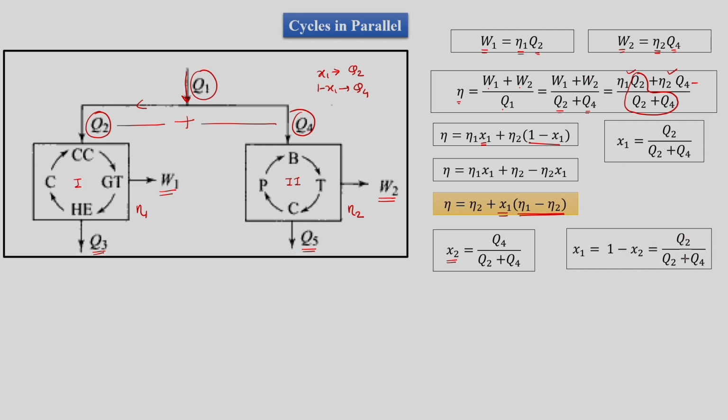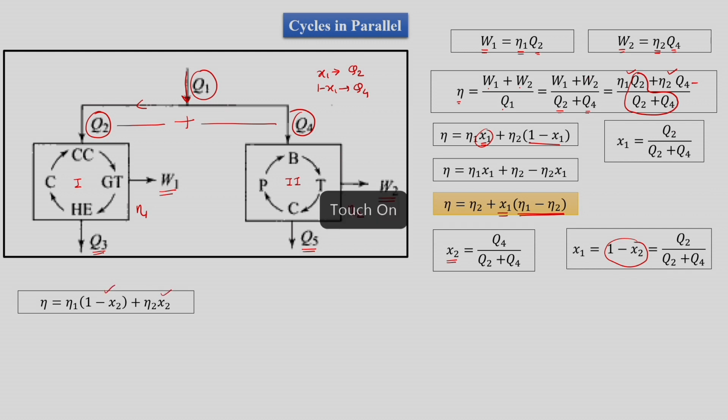Having said this, we can write the expression as eta is equal to eta 1 into 1 minus x2, since x1 is equal to 1 minus x2, plus eta 2 into x2, and 1 minus x1 is x2.